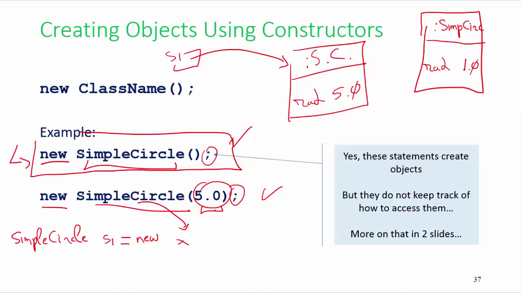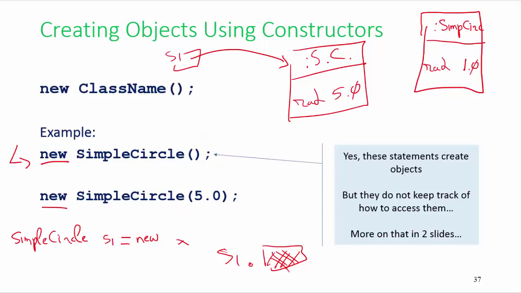And now I can start using that object by using the variable s1. So s1 dot, and you know, put the name of a method or name of a field here to use what's available inside that object. We're going to cover that in more detail. But right now we have a basic syntax that allows you to create objects on the fly.